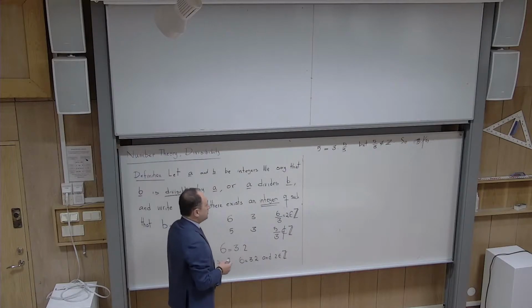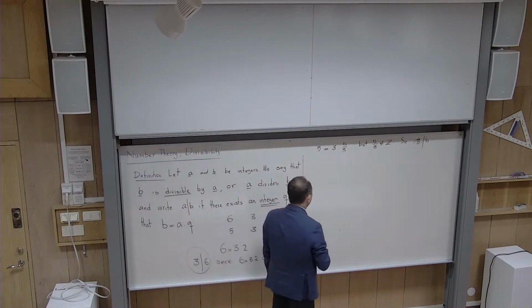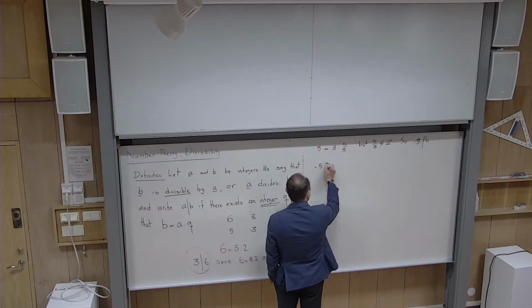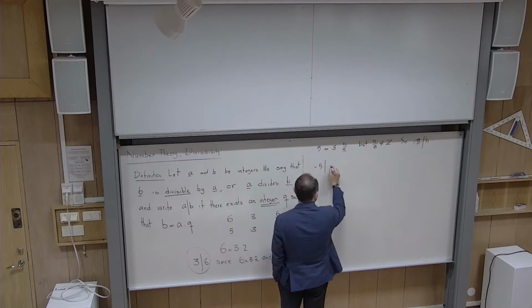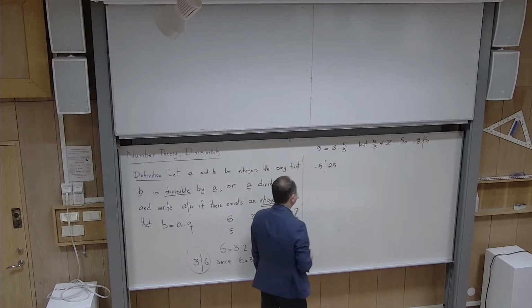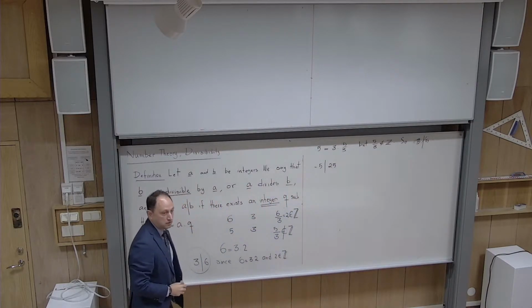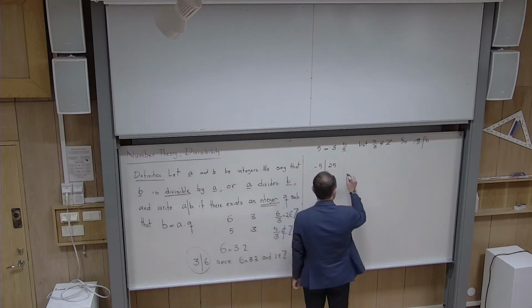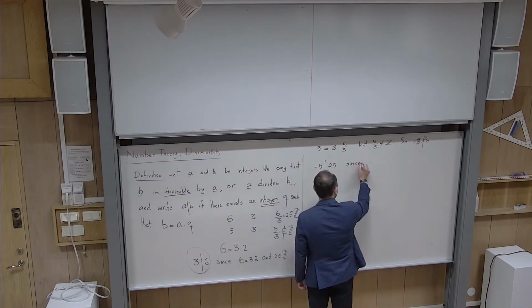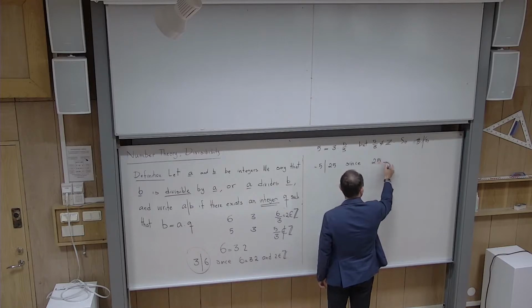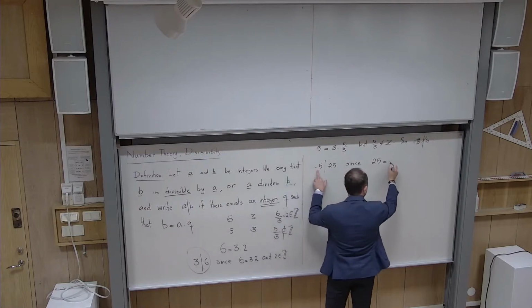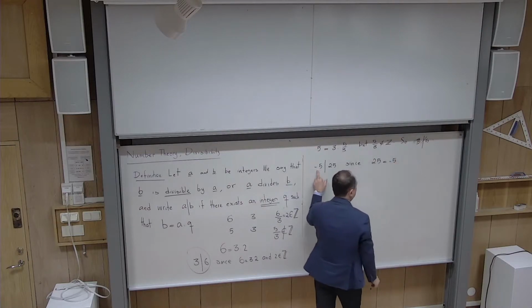Okay, so for example, can I say that minus 5 divides 25? Is that true or false? True. So how do you express it? This is true since 25 is equal to the number on the left multiplied by what?